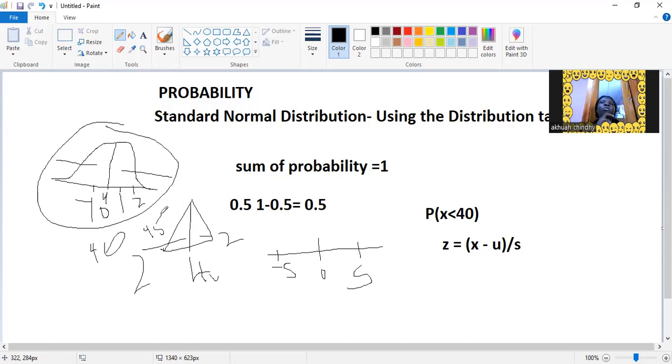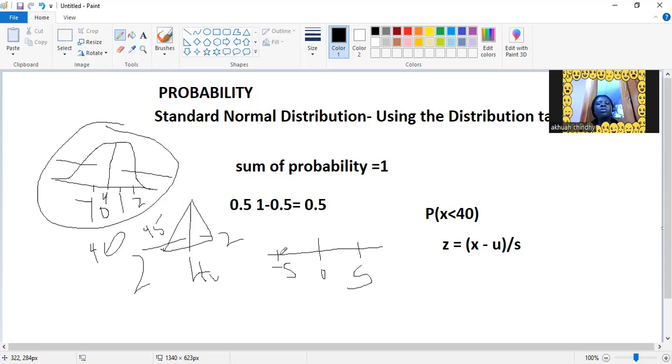But when you are given a question that the mean is not 0 but 40, then the standard deviation is not 1, but is what's in the question. So if they tell you that the standard deviation is 5, from 40 to the right hand side we add 5 to it, then you get 45. To the left hand side, you subtract 5, then you get 35. So that is how the standard deviation works.